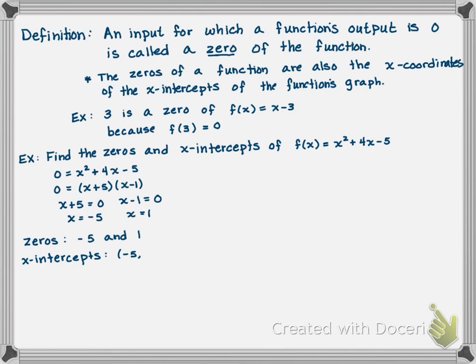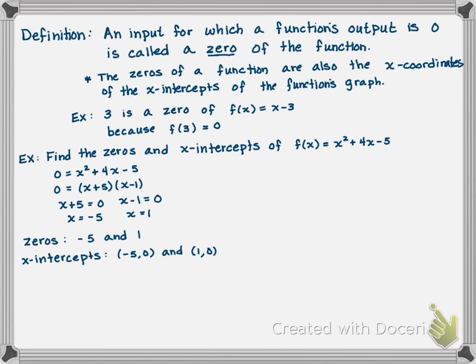So negative 5, 0, and 1, 0. So whether you're asked for the zeros or the x-intercepts, you're going to start that problem the same way, right? So we take the same approach for both. It's just the final answers that'll be different, right? So zeros, again, are just the x values, and then the x-intercepts are the actual points.